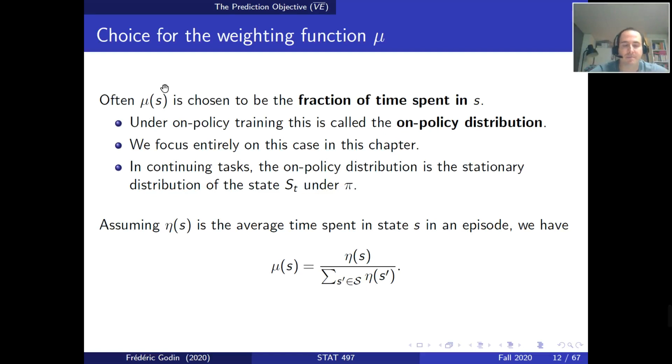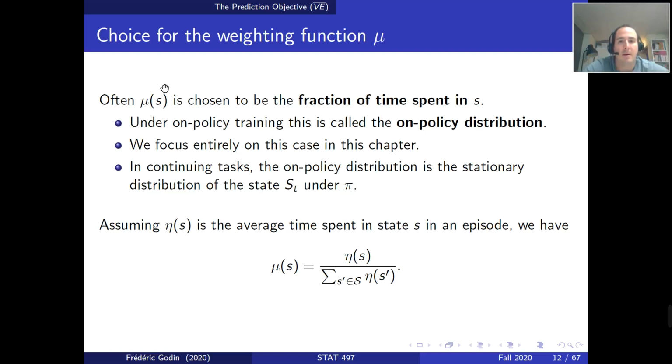It makes sense to use this distribution mu, because if you spend a high portion of time in state S, then you'd rather have smaller errors for this state because it's more relevant to your problem, so you'd rather put a higher weight on that state.